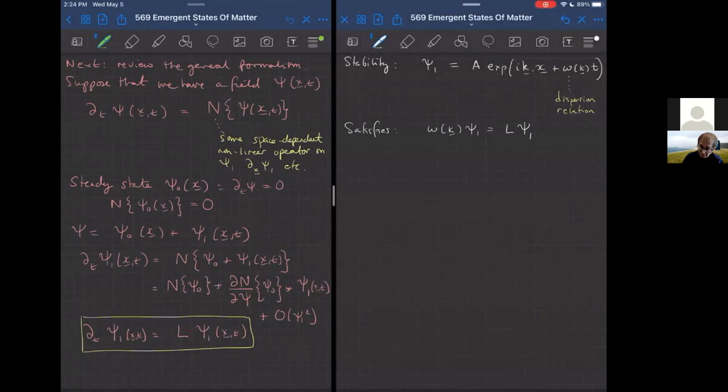And so what we've learned from this is that the growth rate of the perturbation, which is proportional to e to the omega t, but it's really omega of k times t, so it's going to be wave number dependent, is given by the eigenvalue spectrum of the linear operator.